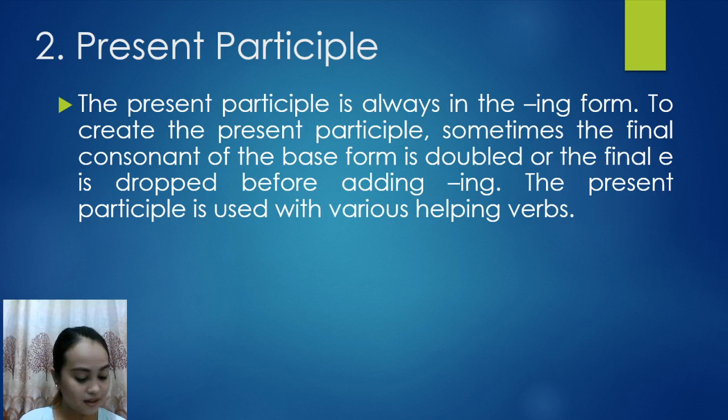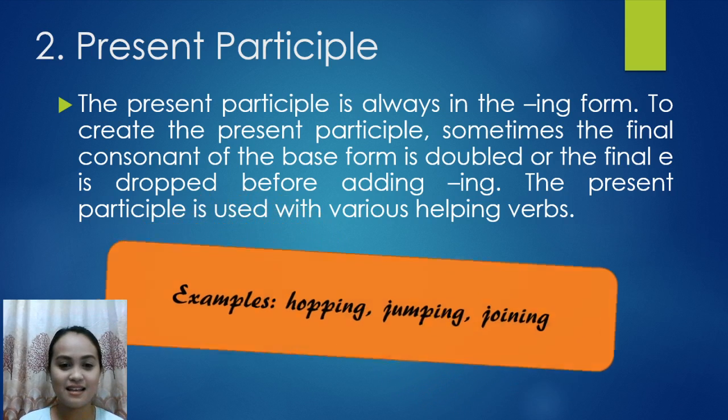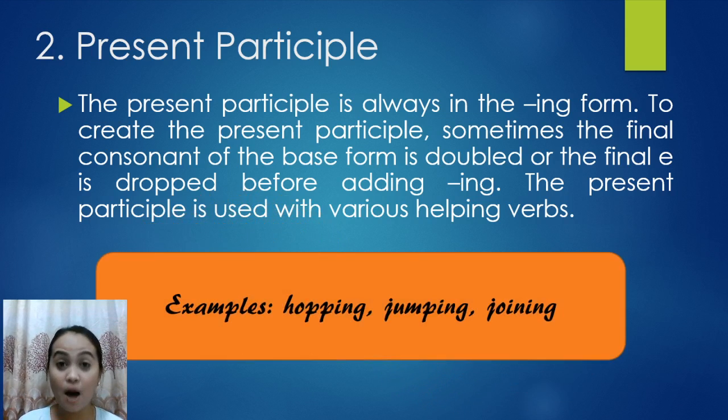The present participle is used with various helping verbs. Examples: hopping, jumping, joining. Oh, that's right. Present participle is always in the ing form. So that was the example of present participle.